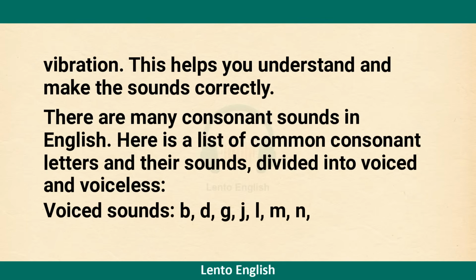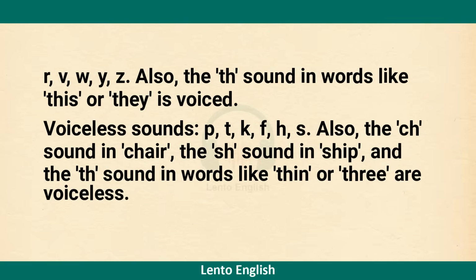Here is a list of common consonant letters and their sounds divided into voiced and voiceless. Voiced sounds: B, D, G, J, L, M, N, R, V, W, Y, Z. Also, the TH sound in words like this or they is voiced. Voiceless sounds: P, T, K, F, H, S. Also, the CH sound in chair, the SH sound in ship, and the TH sound in words like thin or three are voiceless.